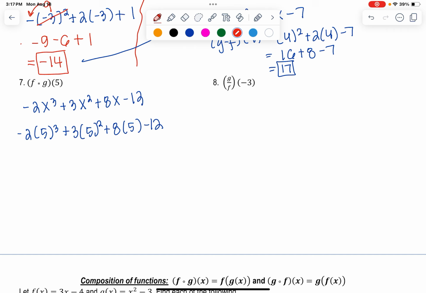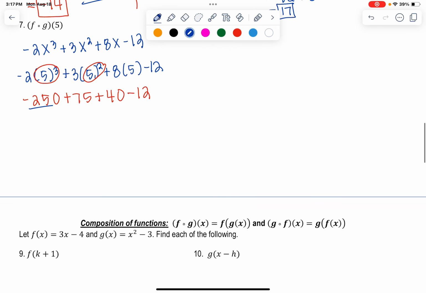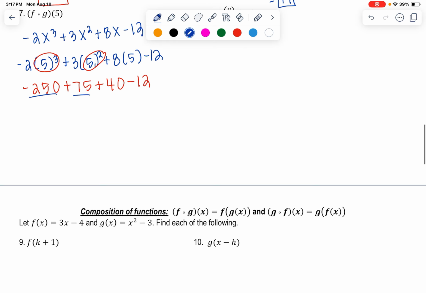So I have 5 cubed is 125. 125 times negative 2 is negative 250. 5 squared is 25. 25 times 3 is 75. 8 times 5 is 40 minus 12. And then a little bit more mental math here. Negative 250 and 75 is negative 175. Plus 40 is negative 135. Minus 12 is negative 147.